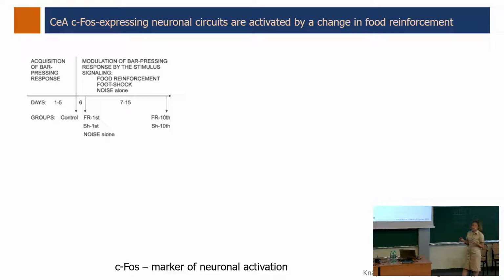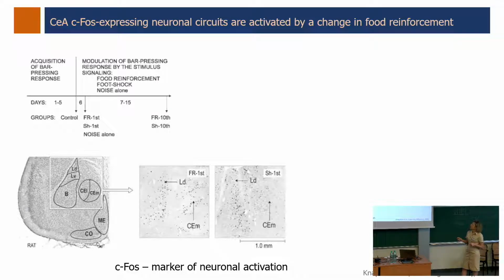So we trained the rats in the Skinner box. They pressed the lever for a food reward, and when they learned the task, we introduced a noise, a sound that signaled either continuous food reward, that is every press was rewarded by a food pellet, or a foot shock. And what we found was that this increased value of a reward induced a lot of CFOS expression in the central amygdala.